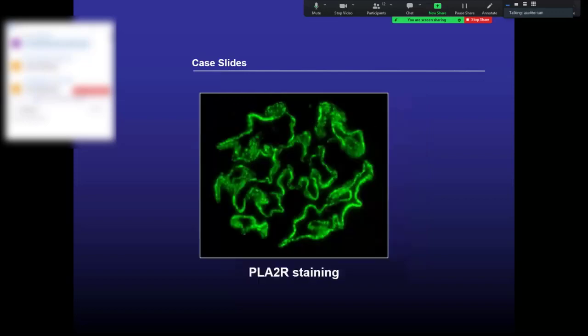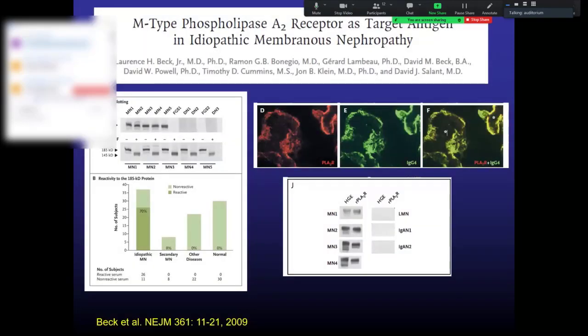This is PLA2R staining. That patient has membranous nephropathy. It's the third disease I wanted to talk about. It can be one of the most common causes of primary nephrotic syndrome in adults.